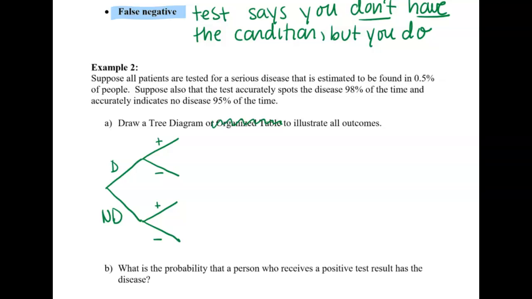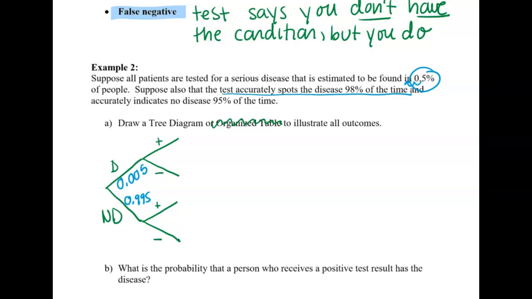So then the disease is estimated to be found in 0.5% of people. So then disease, keep in mind to change percent to a decimal, you move the decimal 2 to the left or divide by 100. This is 0.005. 1 minus 0.005 is 0.995. So 0.5% of people have the disease, 99.5% of people don't. Given that, the test accurately spots the disease 98% of the time.